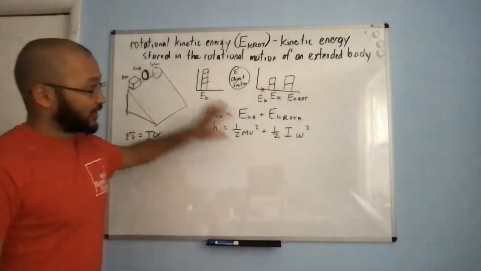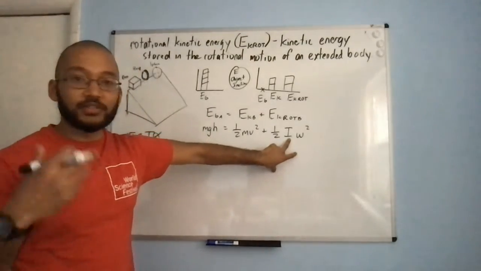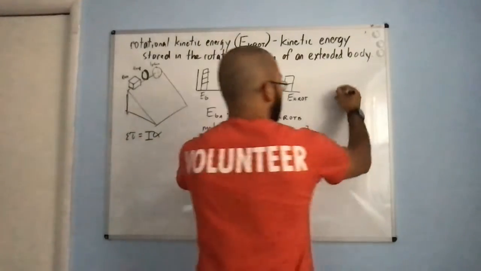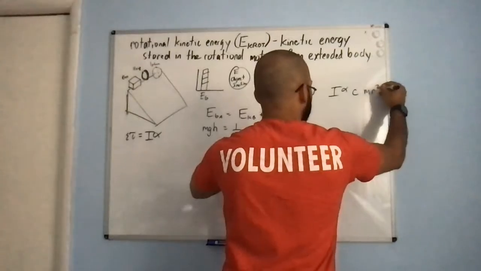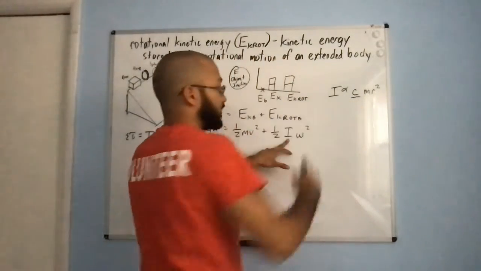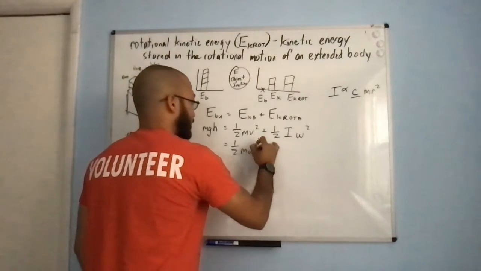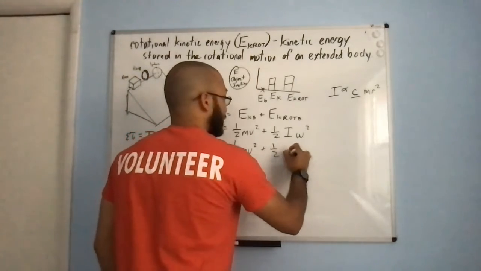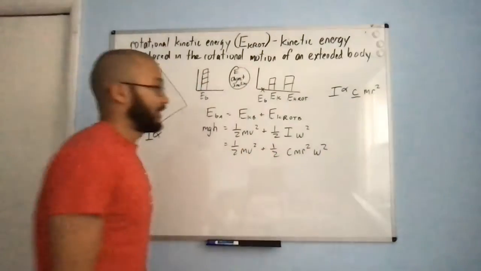So the equations for all of these are going to be the same, but the coefficient for I is going to be different. Just recall I is proportional to some constant times mr squared. So I'm going to put in C, 1/2 mv squared plus 1/2 C m r squared omega squared.